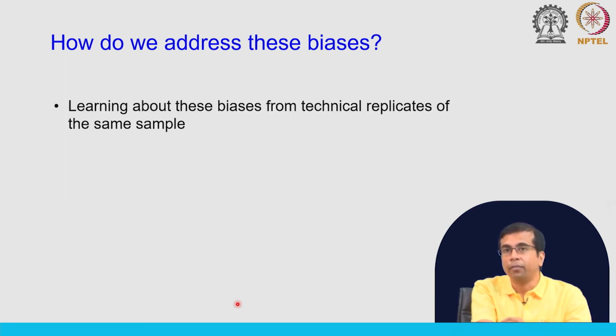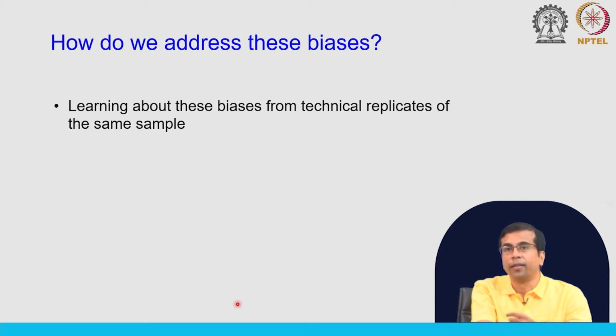So, we can learn about these biases from technical replicates of the same sample. We use two terms, one is technical replicates, another is biological replicates. Technical replicates means you are doing the same experiment with the same sample multiple times.